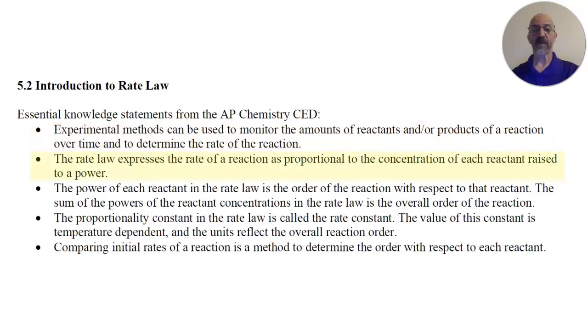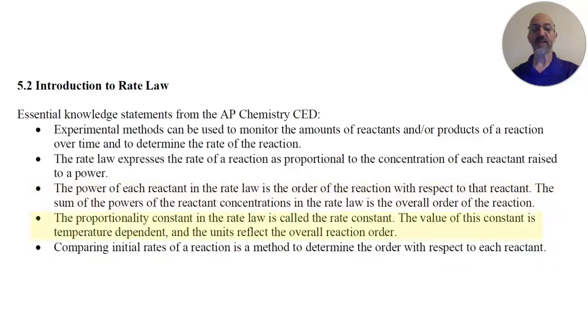The rate law expresses the rate of a reaction as proportional to the concentration of each reactant raised to a power. And the power of each reactant in the rate law is the order of the reaction with respect to that reactant. The sum of the powers of the reactant concentrations in the rate law is the overall order of the reaction.